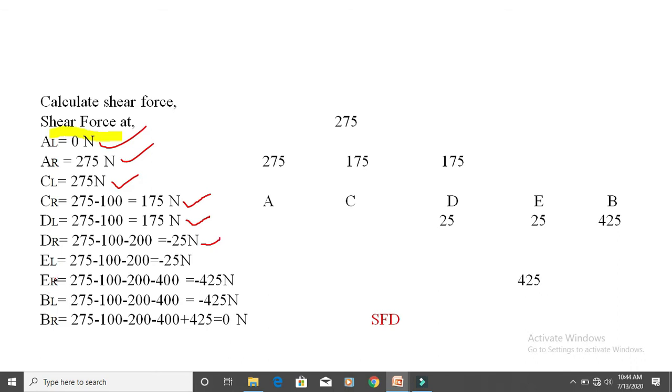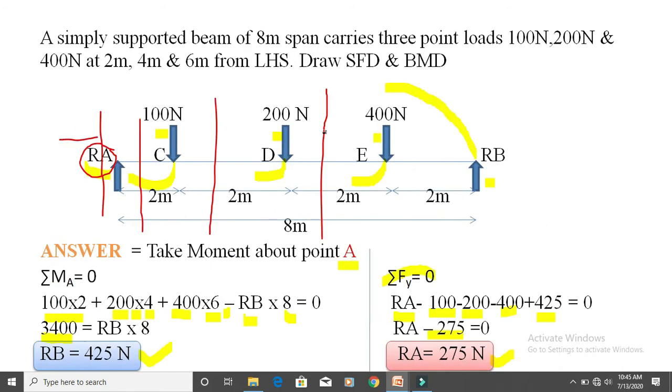Then next is E of left, which is also the same, 275 minus 100 minus 200, equal to minus 25 Newton. It means this line is left of the E, so consider this line here. Now see the left of that line.